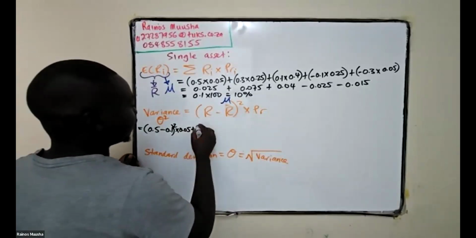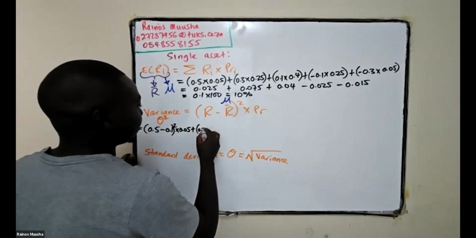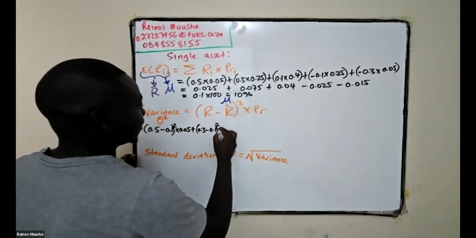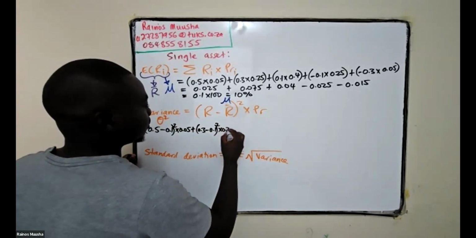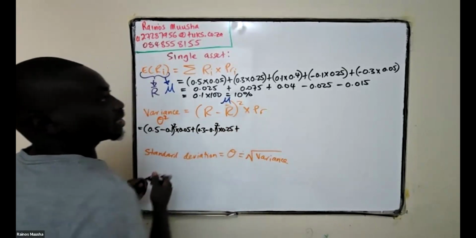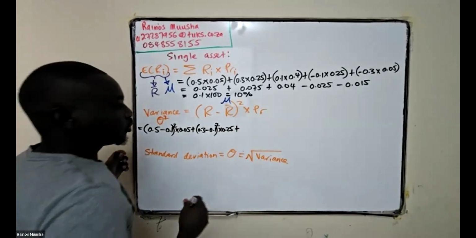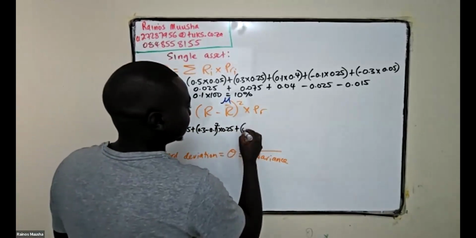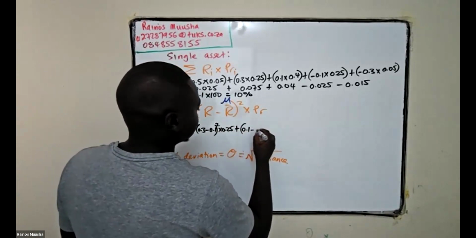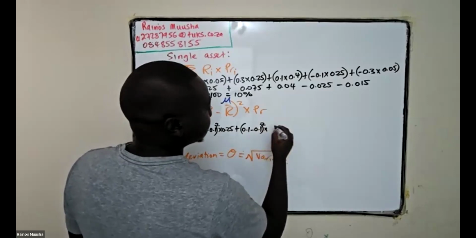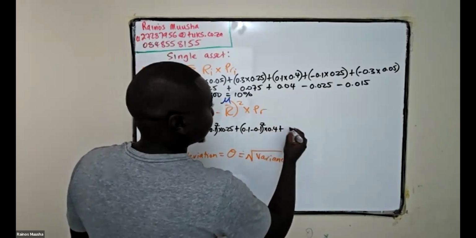For the next scenario, your observed return is 0.3 minus 0.1 squared multiplied by the probability of 0.25 plus. For the next scenario, your observed return is 0.1 minus 0.1 squared multiplied by the probability of 0.4 plus.